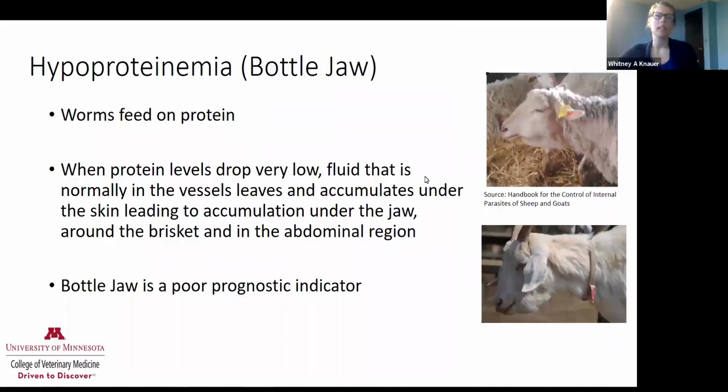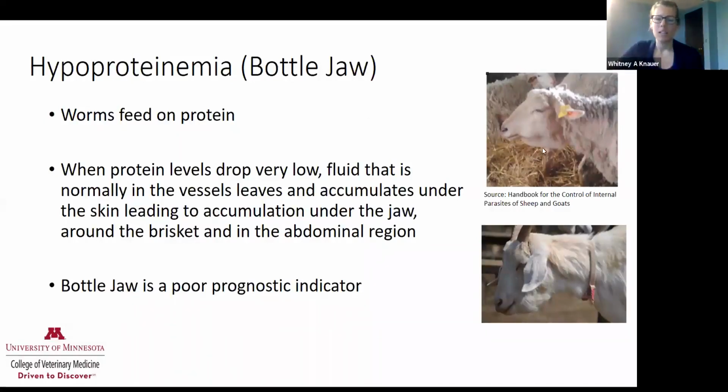And then this idea of protein loss. So remember, worms feed on protein. And so what happens here is that when the protein levels drop really low, fluid that's normally in your blood vessels, in your lymphatic systems, leaks out into other places. One of those places is under the skin. And then it accumulates in dependent regions. One of those regions is the throat region.